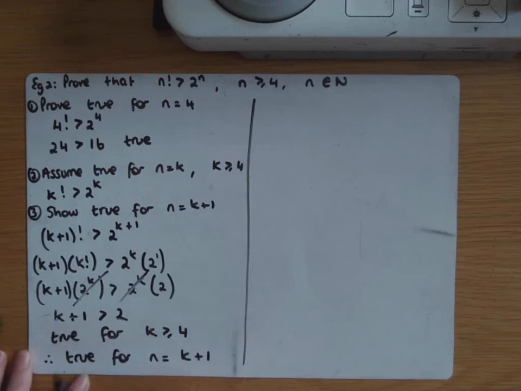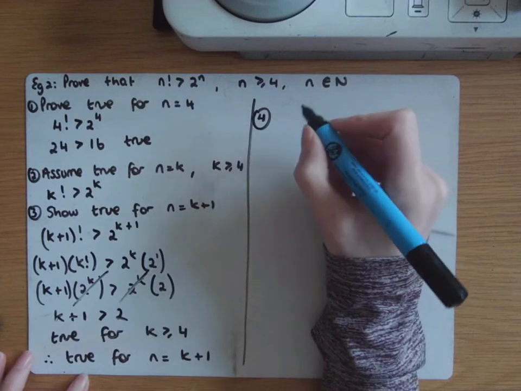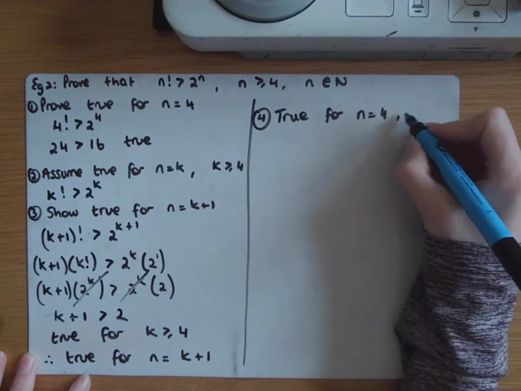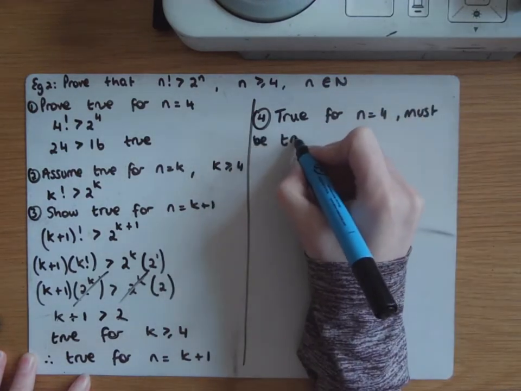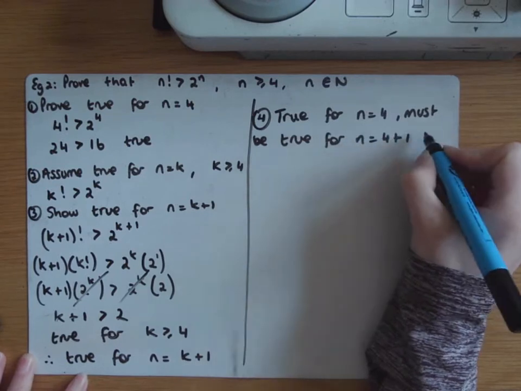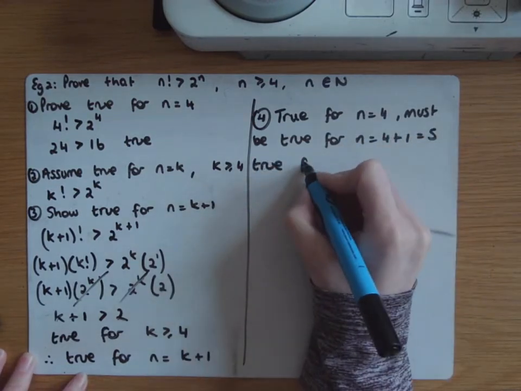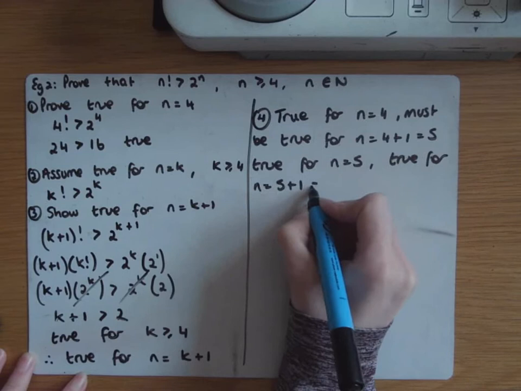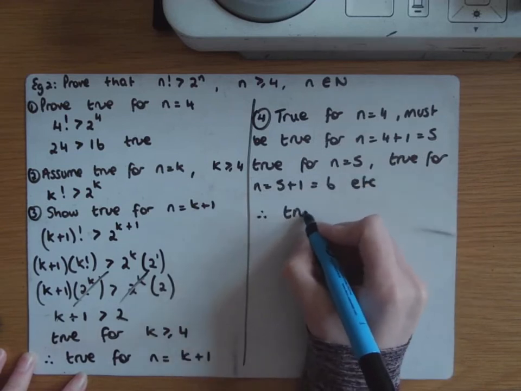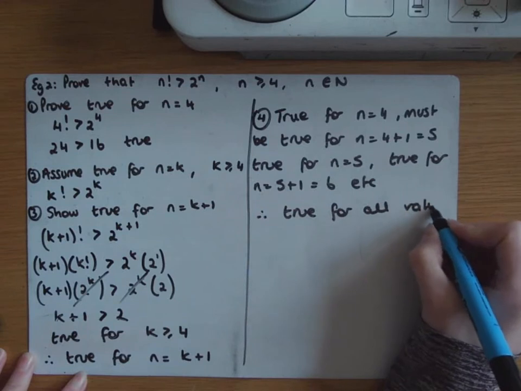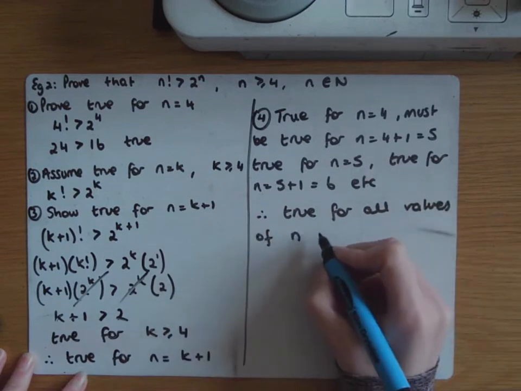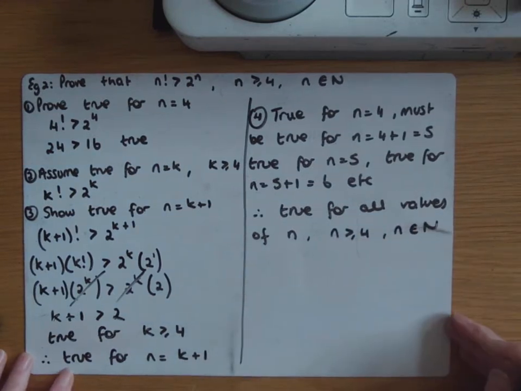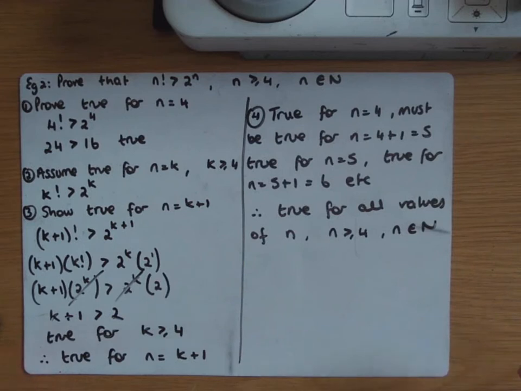So write out your words: true for all values of n, as long as n is greater than or equal to 4 and n is a natural number.